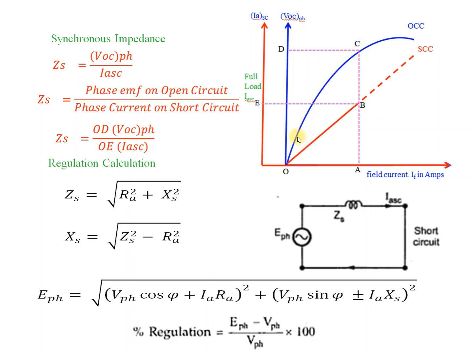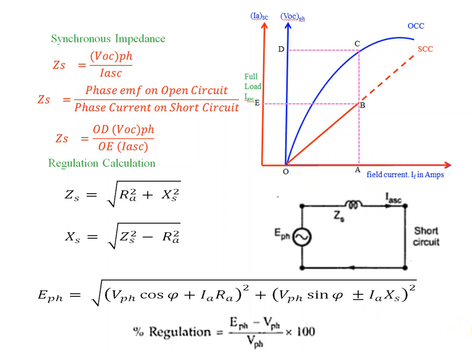If we find the synchronous impedance from that value, it can be called the unsaturated ZS value. That is, if we get the ZS value from the VOC lying on the linear portion of the curve, then that ZS is the unsaturated ZS.